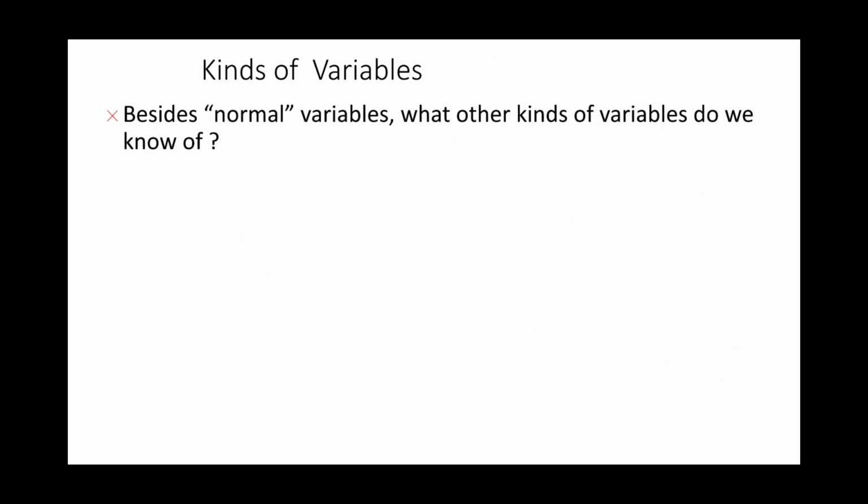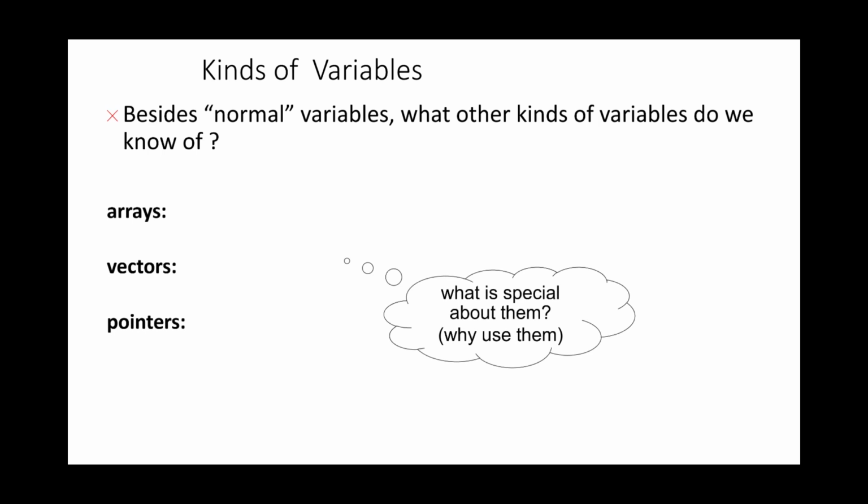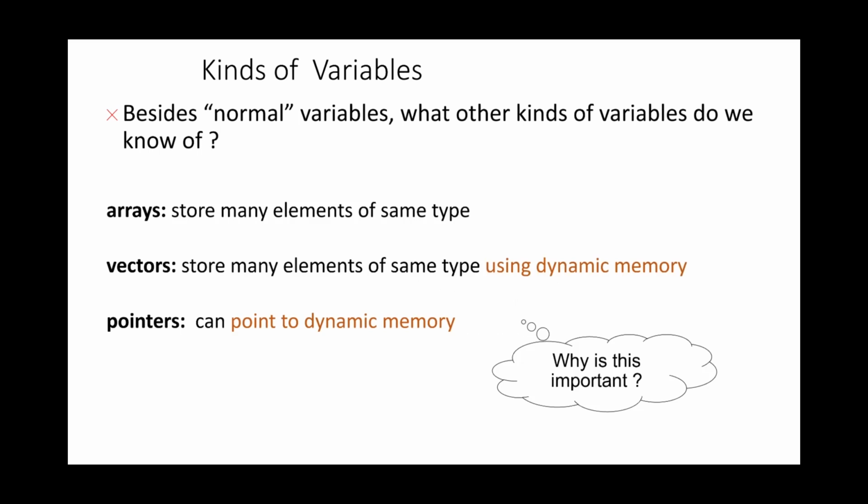So besides the normal variables, what other kinds of variables do we know of? We know of arrays, vectors, and last but not least, pointers. So basically, what is special about them? For an array, you can store many elements of the same type.